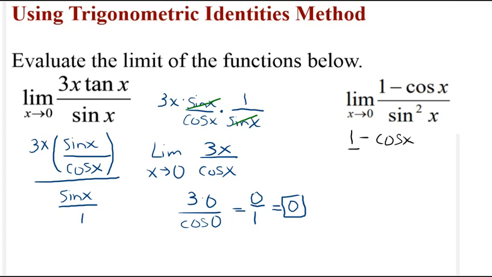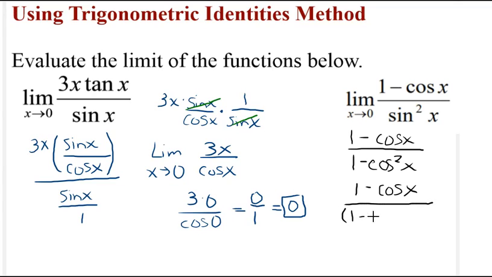So if I substitute in the fact that sine squared, according to our Pythagorean identity, is 1 minus cosine squared, then I have 1 minus cosine squared, which is factorable. So if I take this 1 minus cosine squared and factor that into 1 minus cosine and 1 plus cosine.